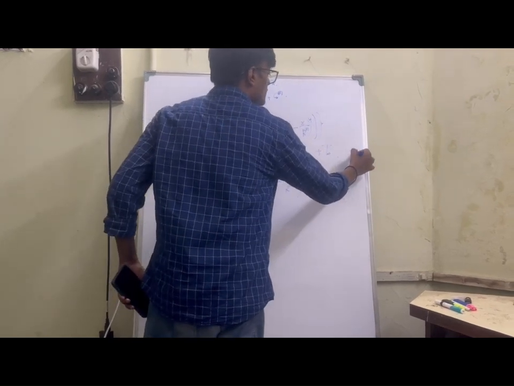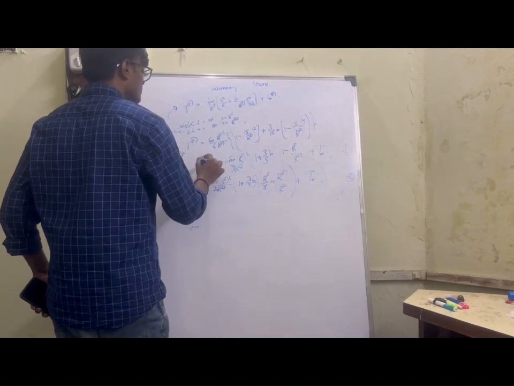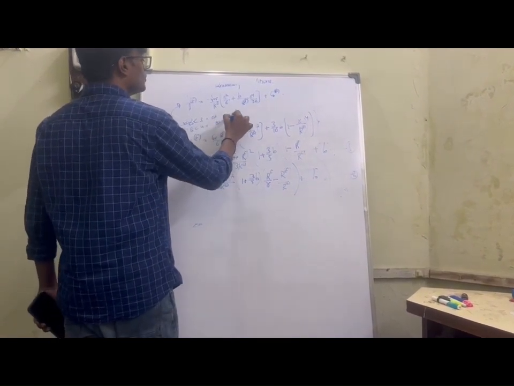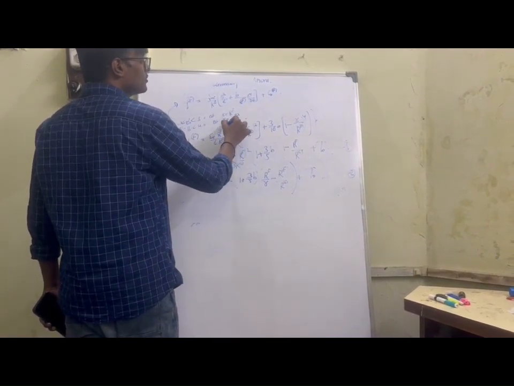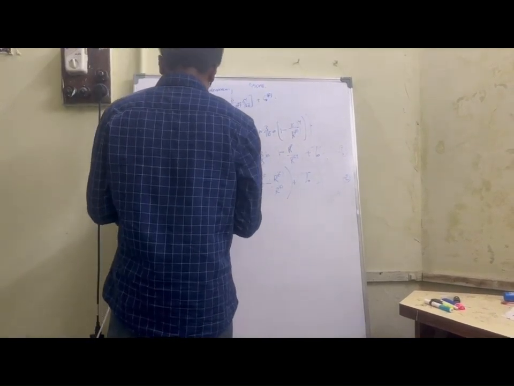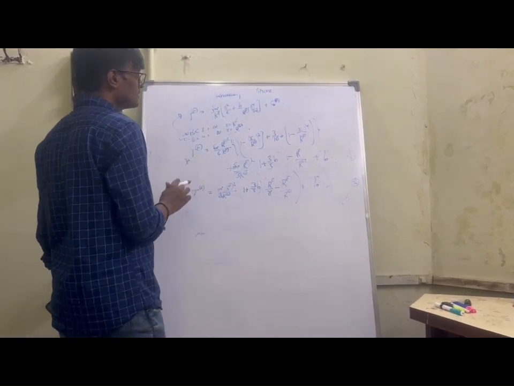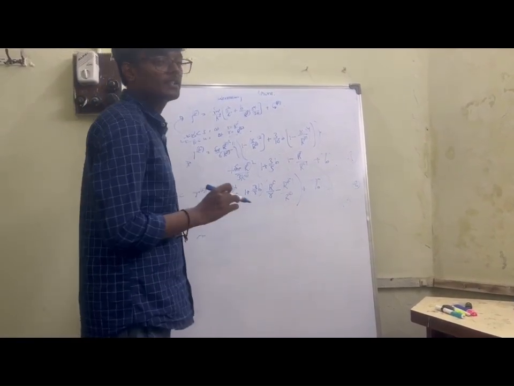We have got these two equations from the boundary conditions at R equal to RF and R equal to RC. These are the final equations. We have got TF and TC.